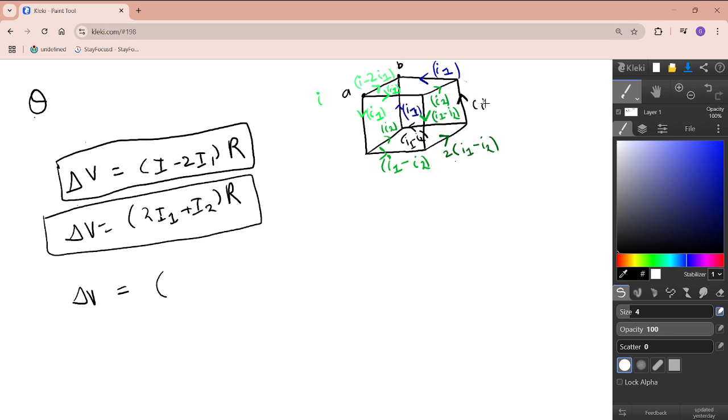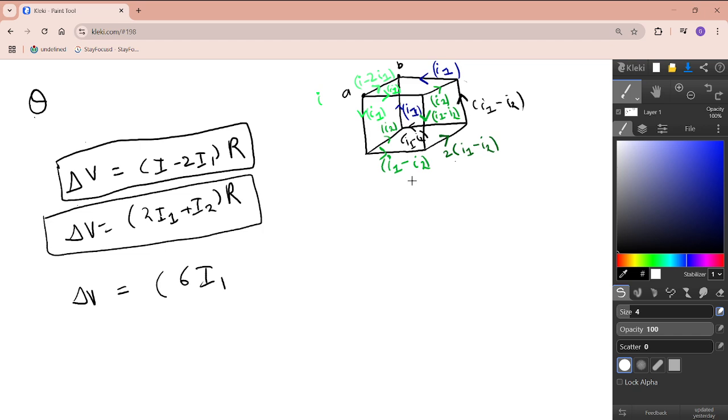The remaining part must go above: I1 minus I2, that's what's going above. And so we have I1 plus I1 is 2I1, 4I1, 5I1, 6I1, in fact. And then it's minus I2 minus I2 plus 2I2.